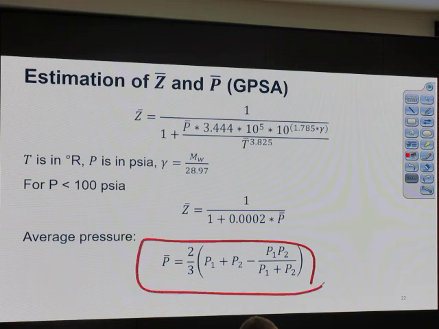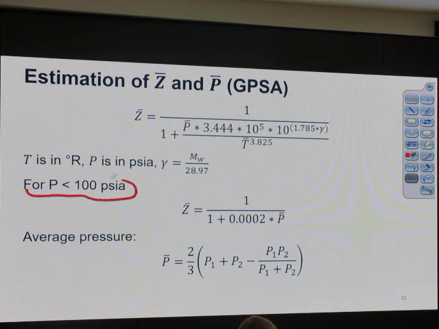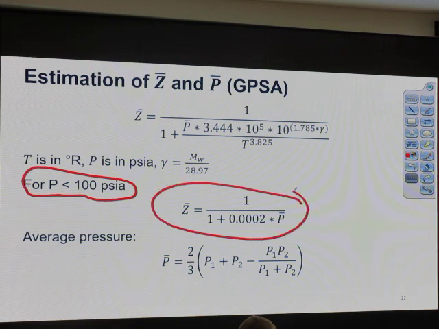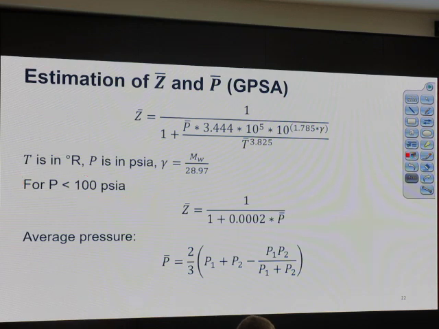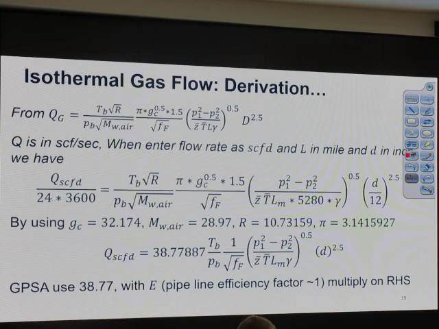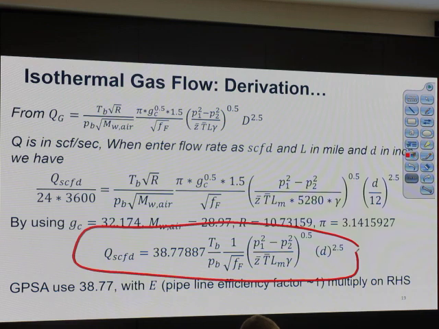For pressure less than 100 PSIA, compressibility factor can be just that. The equation is shorter. Okay, that calculation is done. What does it mean to you? If I want to know the pressure drop using the isothermal flow equation, which is this equation, I know the flow rate, right?